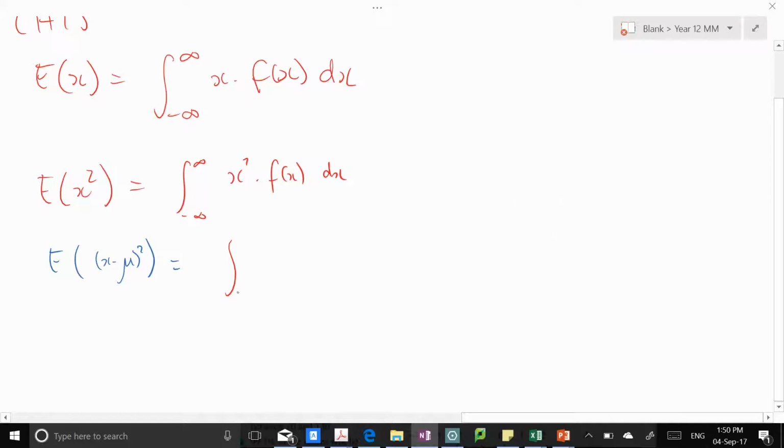Integral from negative infinity to positive infinity, bracket x minus mu bracket squared times f of x. Yeah.